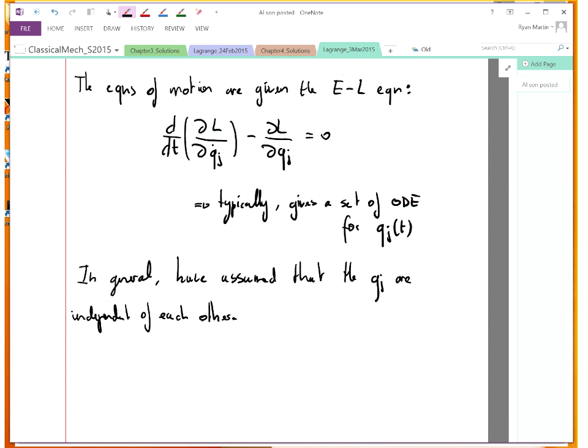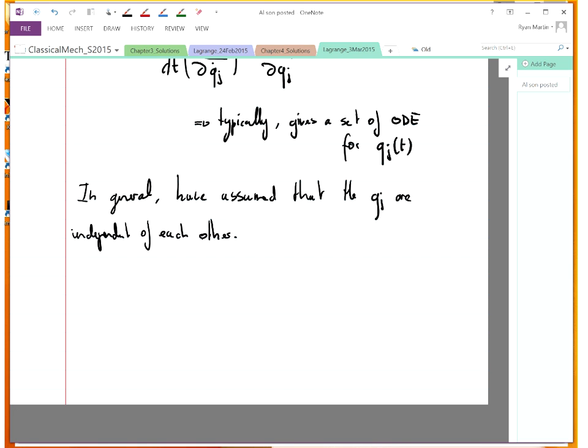And it's because the q_j's are independent of each other that you ultimately end up with the Euler-Lagrange equation. There's a step in deriving that equation that says that we can vary all the q_j's independently of each other, so that term must be equal to 0 for all q_j. Okay, that was the gist of the argument.